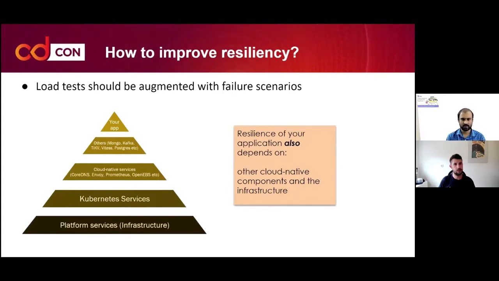So chaos is a way to inject controlled failures into your environment and verify the application or infrastructure behavior so that you are guarded against outages that might happen. So you are inducing failures intentionally, deliberately, with a very solid hypothesis around what might happen when you inject those faults.